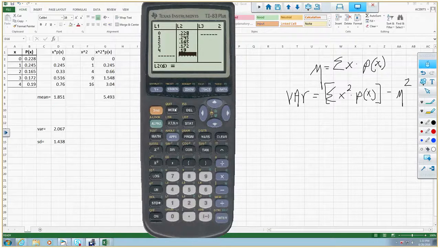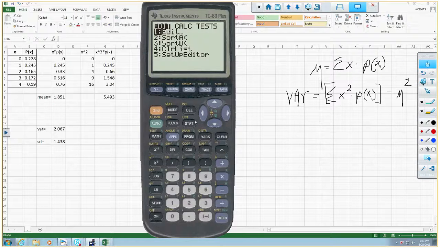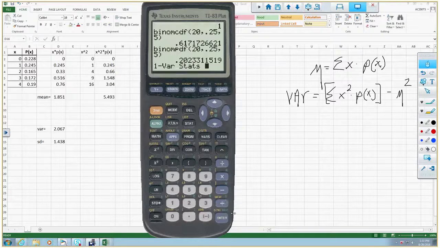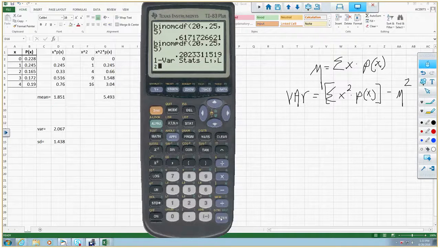And you go over to stat, calculate, first variable stat, second L1, comma, L2, enter, there it is.